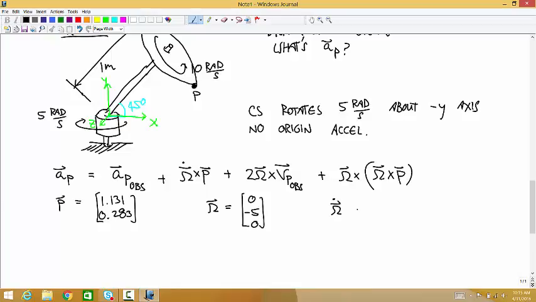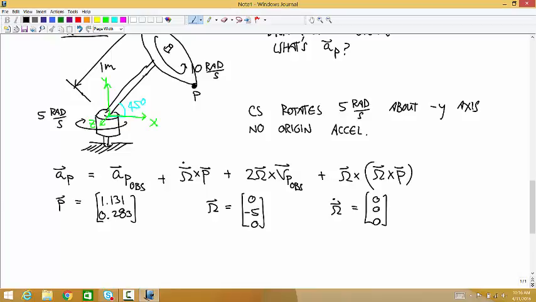And capital Omega dot, since it's a constant angular velocity, is 0. So the next thing we had to do in order to apply this rotational coordinate system equation is come up with the acceleration of p and the velocity of p that would be observed in this coordinate system.